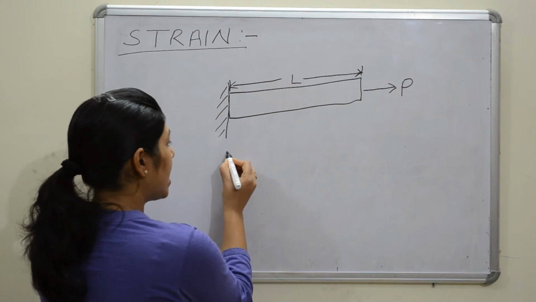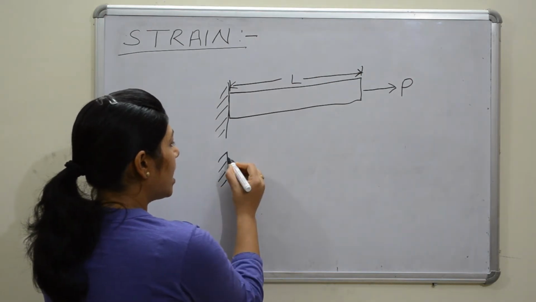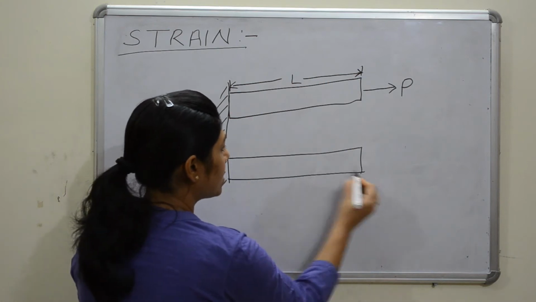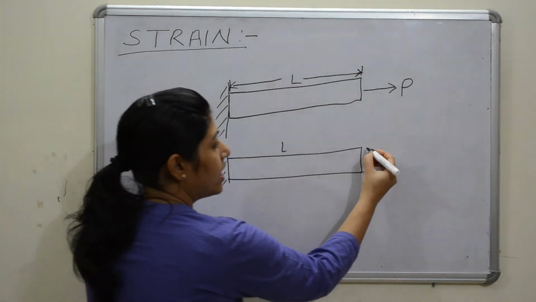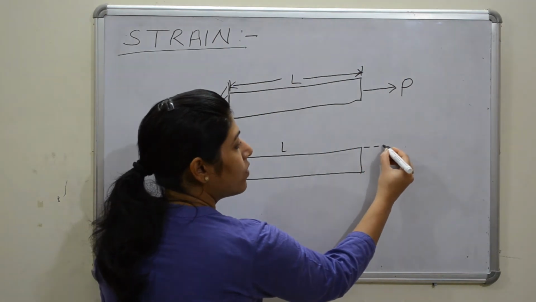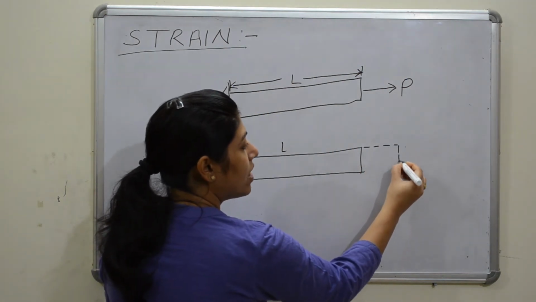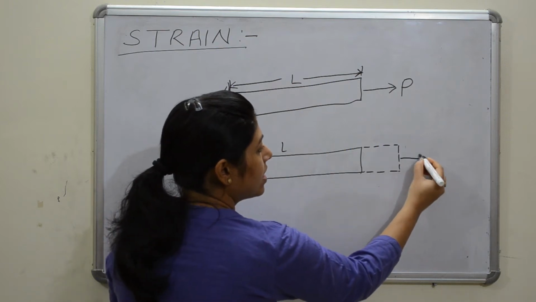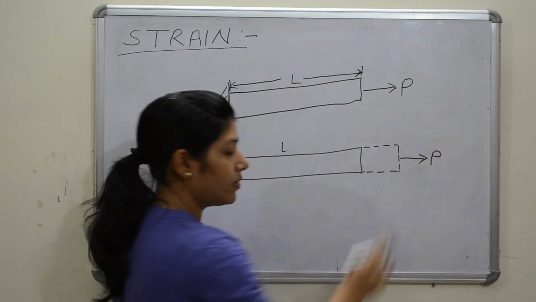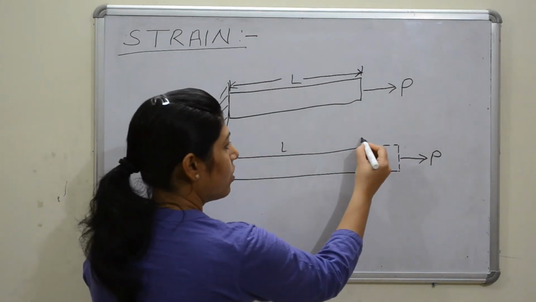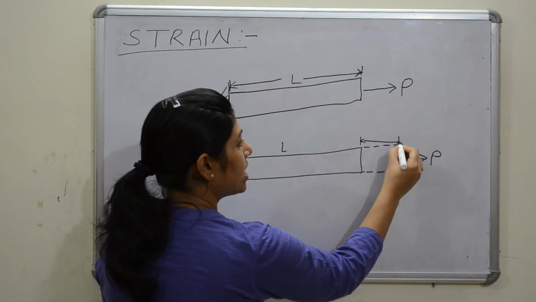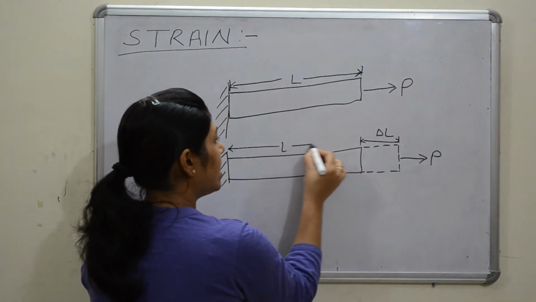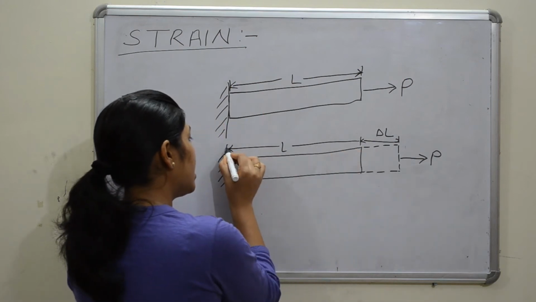The original length of this prismatic bar is L, and if we apply tensile force, it will elongate, or there will be some change in length because of axial loading. We will consider this change in length as del L.